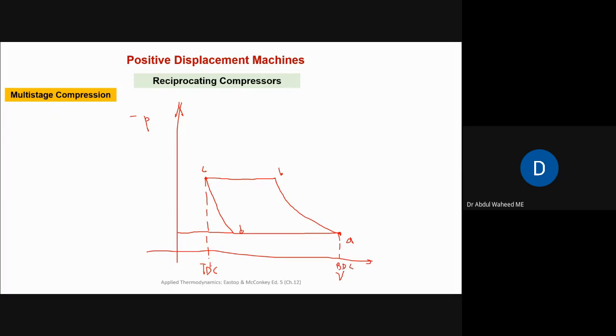And this whole volume is swept volume, Vs. And this volume is clearance volume. So induction, compression, delivery, and expansion. Okay, so that is the indicator diagram which we know now. So here is, for example, inlet pressure P1, and that is outlet pressure P2.